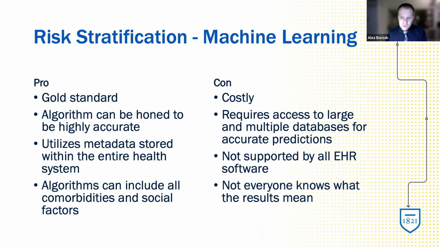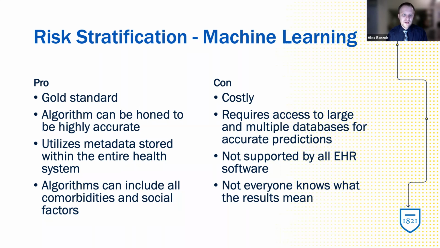So because of that, it requires access to large and multiple databases for accurate predictions, which is fine for really large health systems, health organizations that have these records integrated already. If you're looking at a federally qualified health center or a standalone clinic or a small network of offices, this may not be feasible financially, first of all, to have the space, have the servers, have the technical expertise to set this up and maintain it, but also to have access to the data required to run it for accurate results.